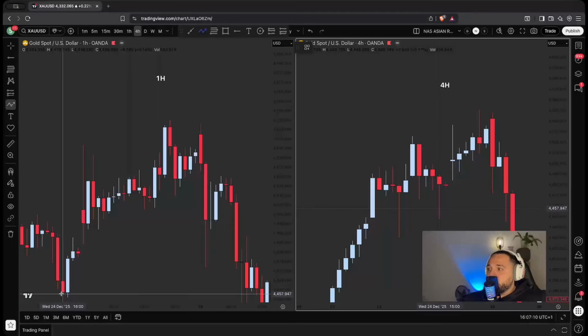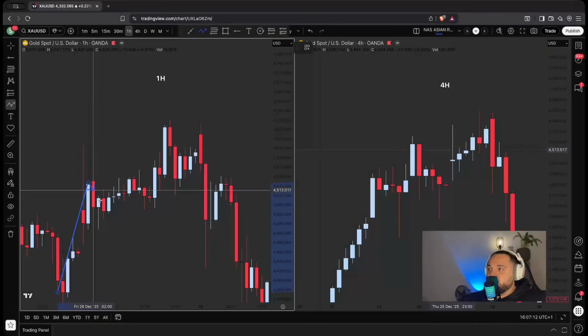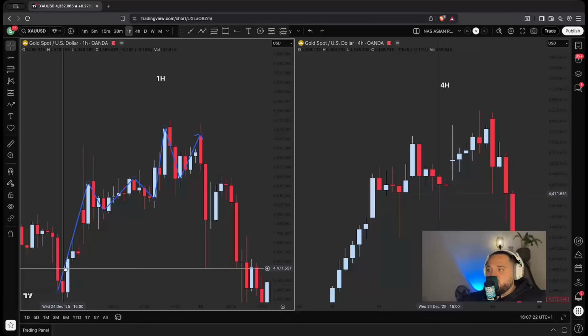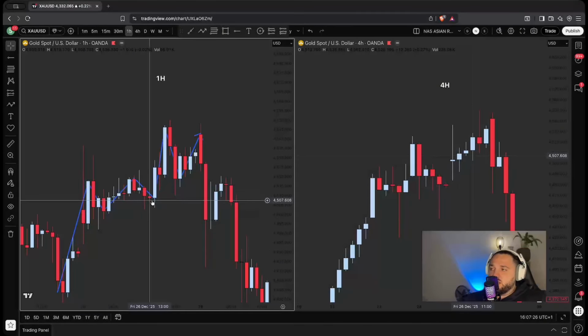So here we can clearly see that the market structure is bullish on both time frames, so we're creating our higher highs and higher lows. As you can see here, we have our higher high, higher low, higher high, higher low, higher high, higher low, higher high. That is the 1-hour time frame. And the same goes for our 4-hour time frame.